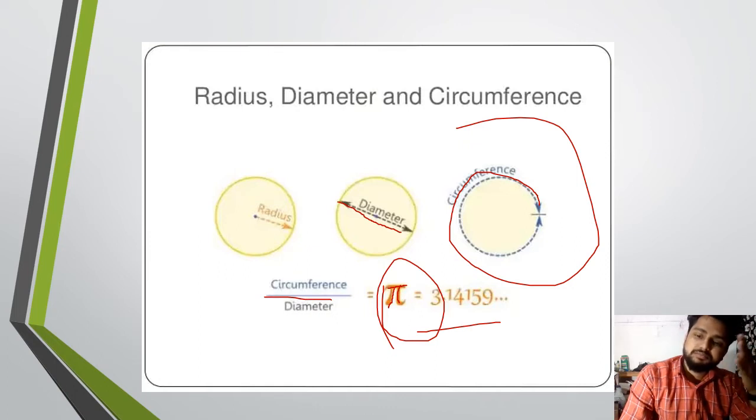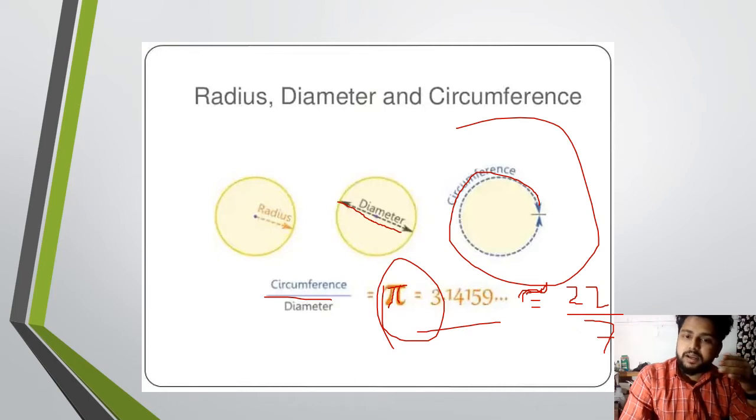It is approximately equivalent to 22 by 7. This is the value of pi. Where do we get the value of pi from? It is just the ratio between circumference and diameter.